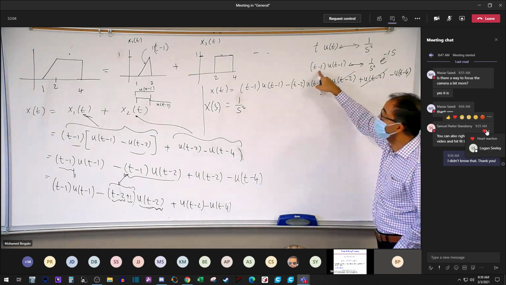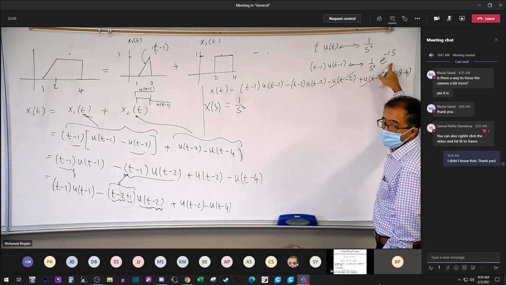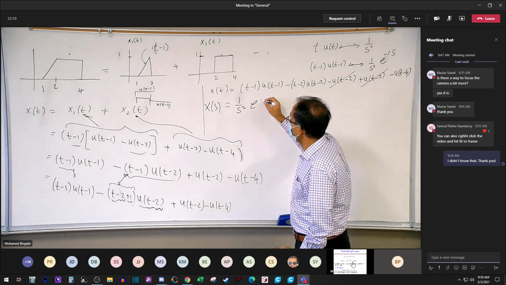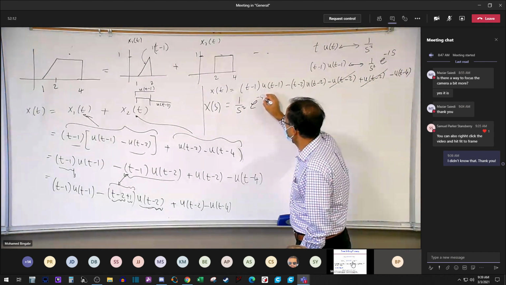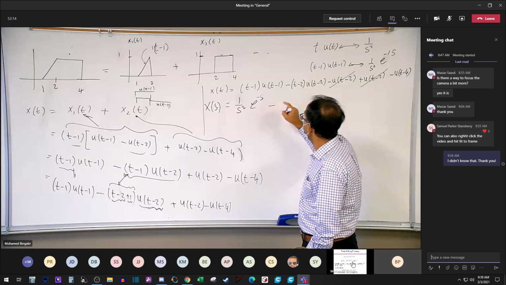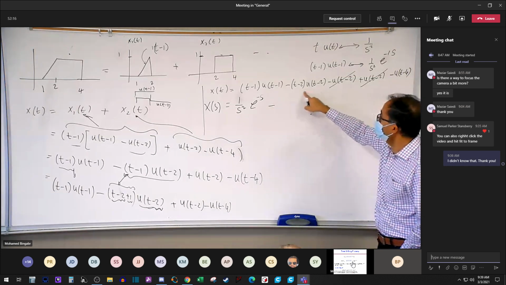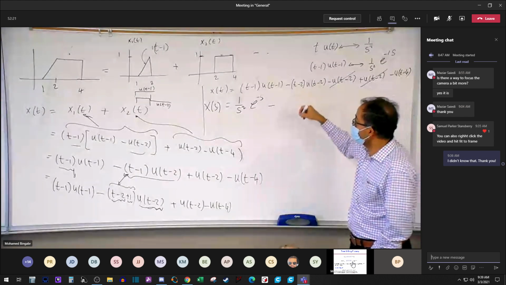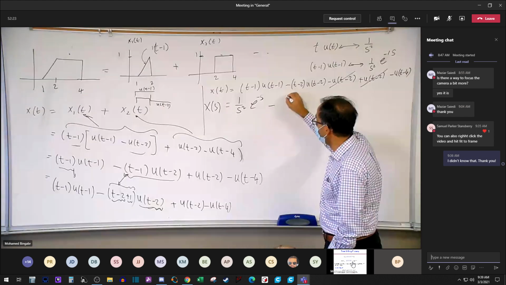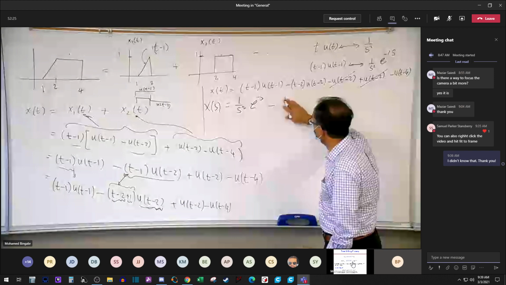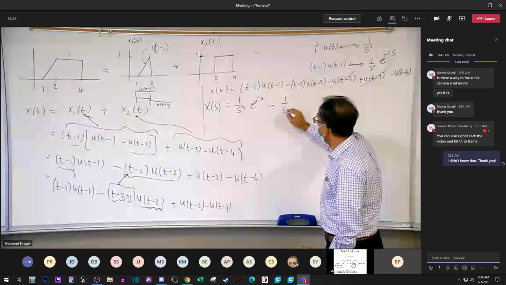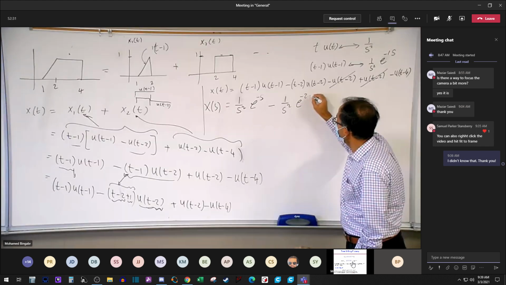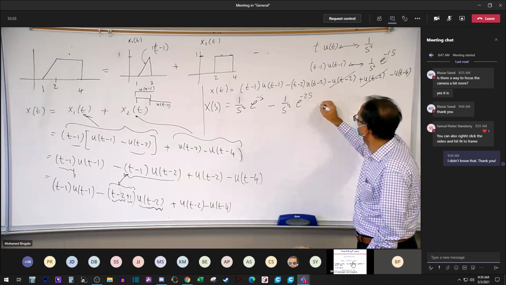It is shifted by 1 unit, so I just multiply by the phase shift, e to the minus 1s. Minus, again, this is t u of t but shifted 2 units, so the Laplace transform is 1 over s squared, and shifted 2, that's the phase shift e to the minus 2s.